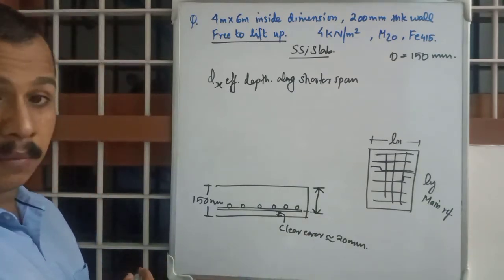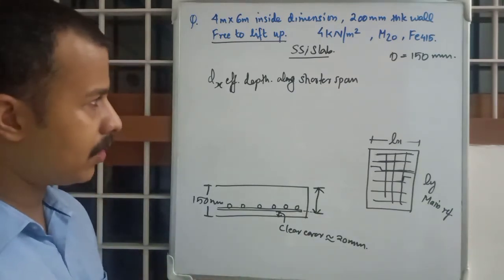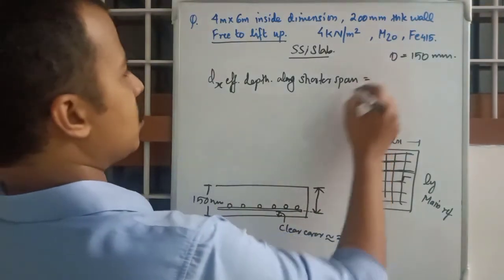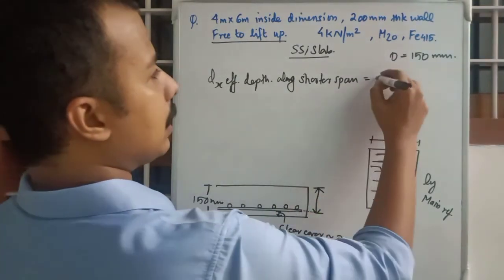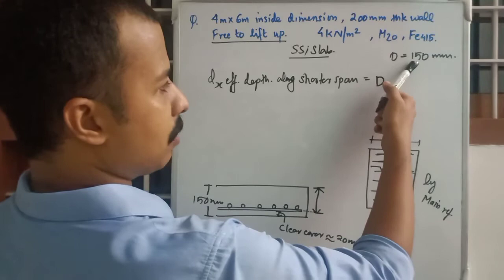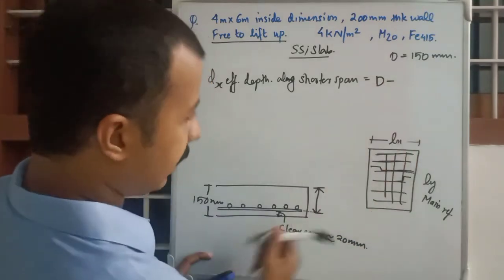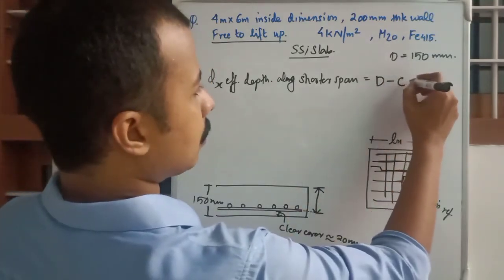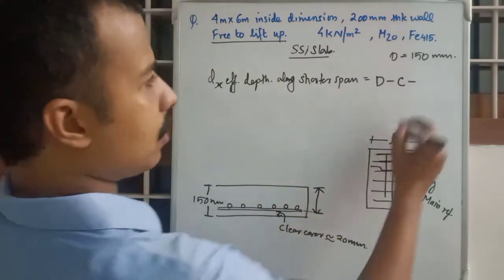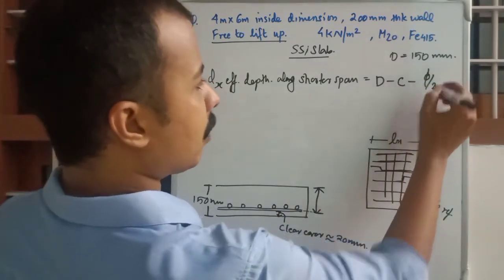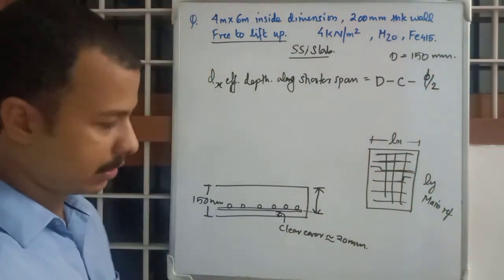So dx is equal to d minus clear cover minus phi/2, midpoint, right?